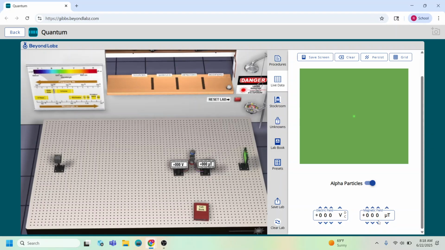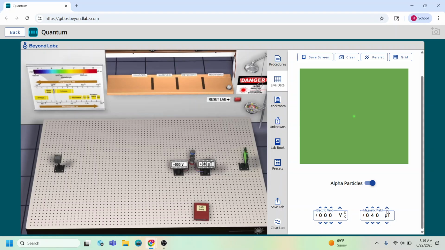See, the alpha particles, these are massive. Compared to electrons, they are around 7,000 times heavier. So the micro Tesla unit is very small, and if you increase the magnetic field, you're going to see only a slight effect on the movement of the beam of the particles.